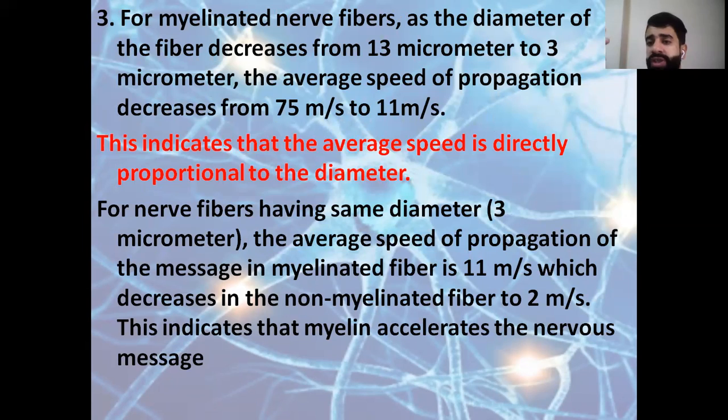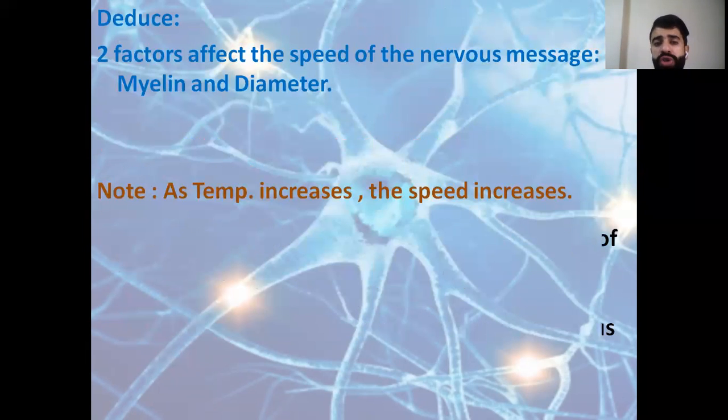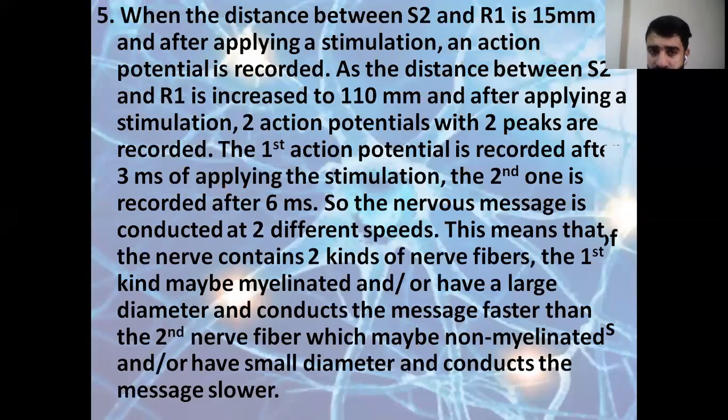So with myelination present, the nervous message speed will increase, and the same goes for the diameter. Also we have another factor other than the diameter and the myelination. We said that we have temperature. So as temperature increases, the speed of propagation of the nervous message will increase as well.